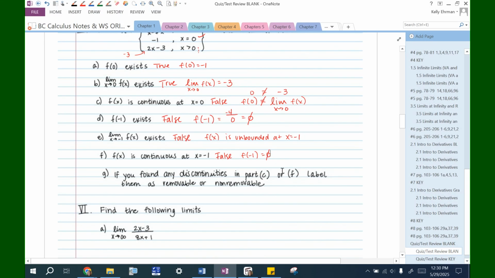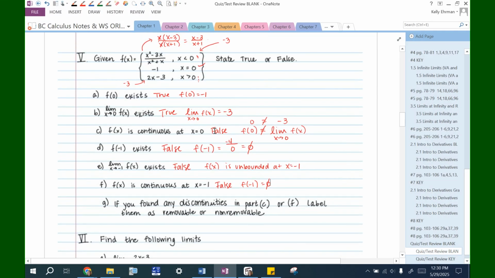If you found any discontinuities in part C or part F, label them as removable or non-removable. So let's see. In part C, x equals 0 was a discontinuity. So we have to figure out, is it a hole in the graph, or is it a jump in the graph, or is it just like a vertical asymptote or something.